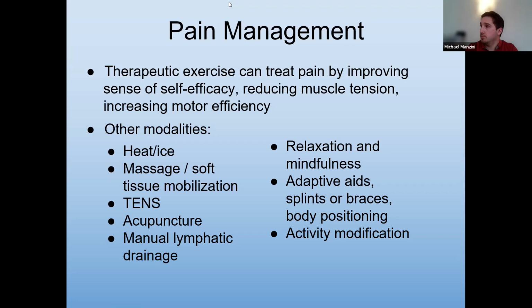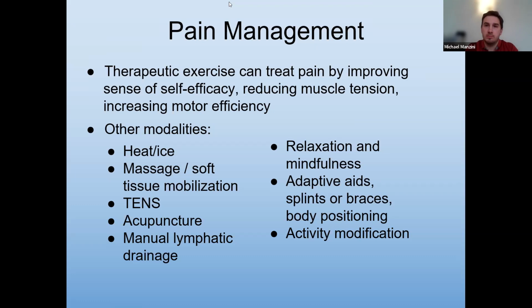But there are also quite a few modalities that we might use. Again, I mentioned the gentle range of motion here because we found that can be really helpful in reducing pain. And again, it can be used with clients at many different points in the disease trajectory, even fairly further on in terms of the disease.